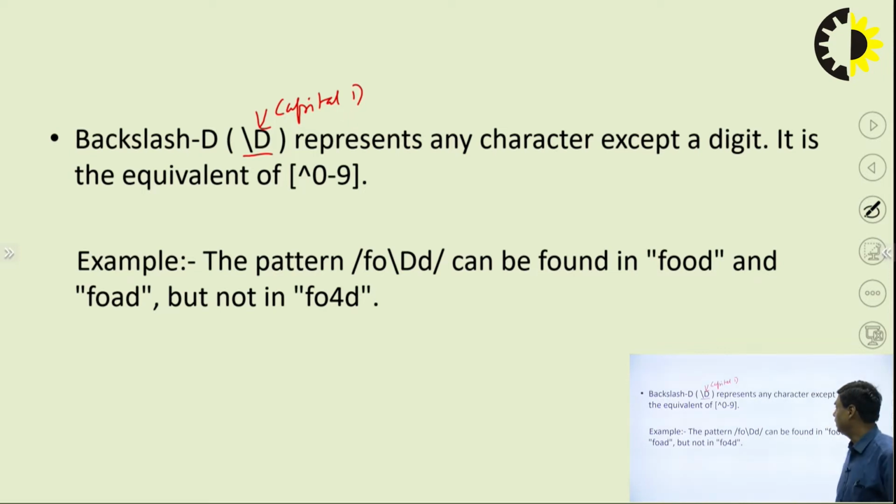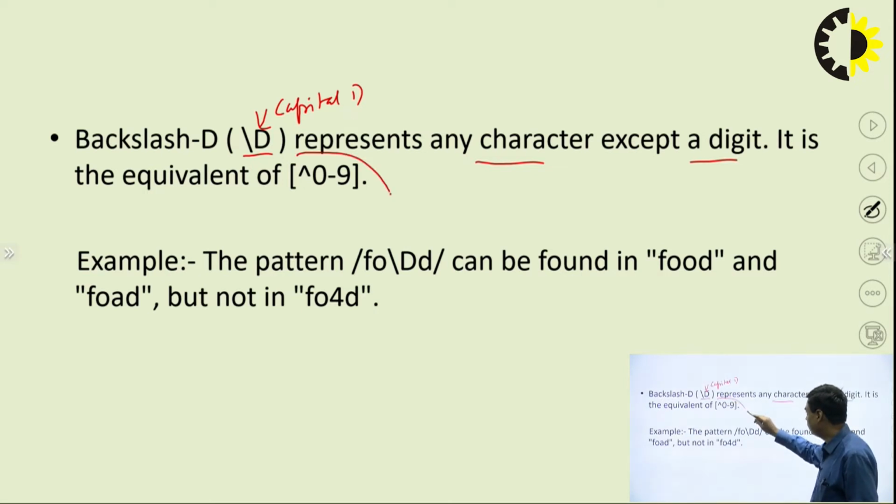It represents any character except a digit, meaning a digit will not appear. At this position any other character can appear. So backslash capital D is equivalent to writing caret 0-9. We will discuss why we are using the caret. Here the caret means negation, meaning other than the digits.